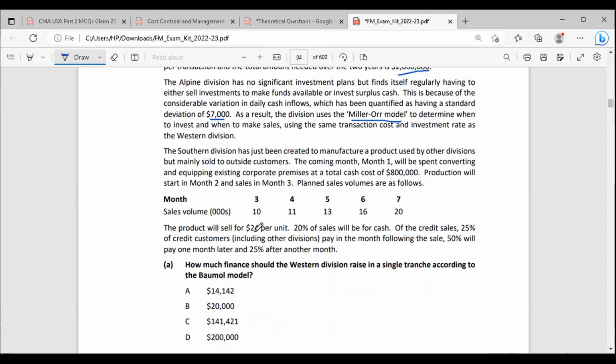The selling price is $24 per unit. 20% of sales are on a cash basis. Credit sales are 25%. 25% of credit customers pay in the month following the sale, 50% will pay 1 month later, and 25% after another month.